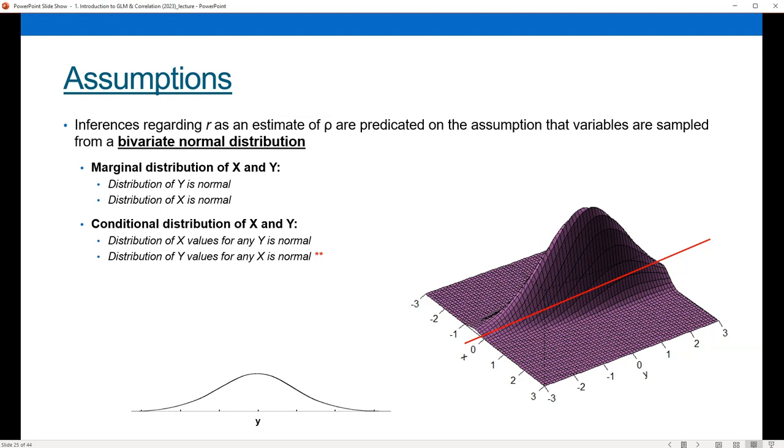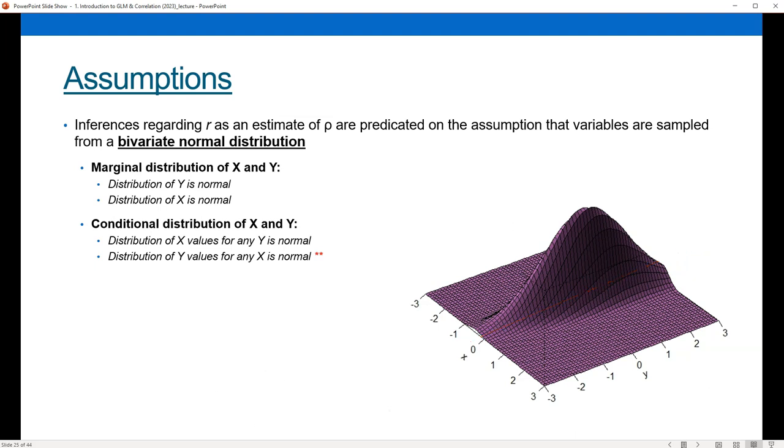In a classic regression model, we only have distributional assumptions for our outcome variables. Now, if we're modeling random predictors, then that changes, but just know that technically for regression, we only have distributional assumptions for our outcome. But for correlation, it's both.